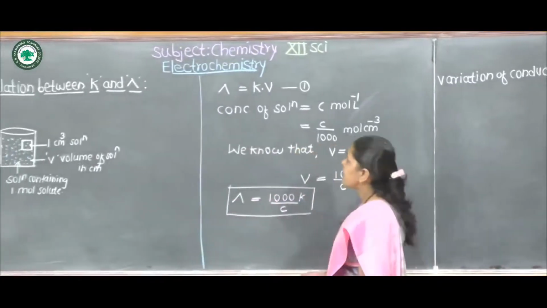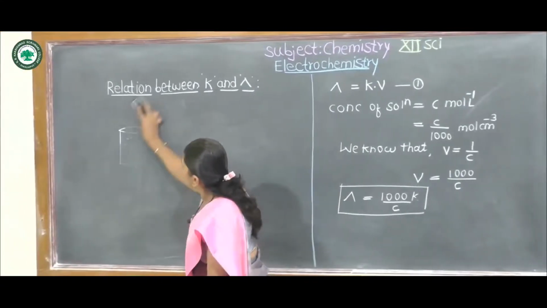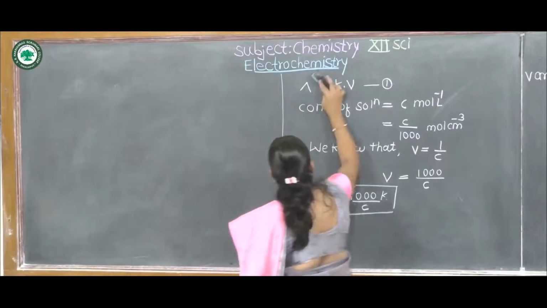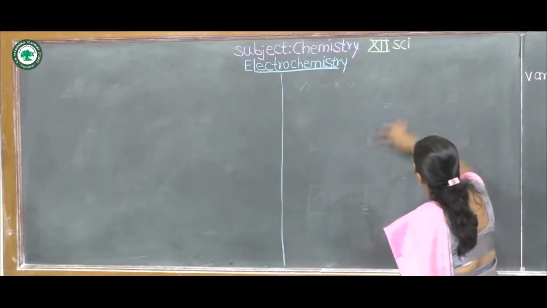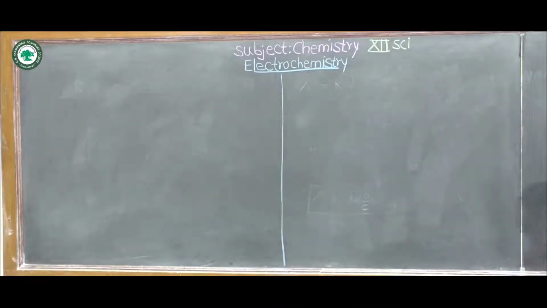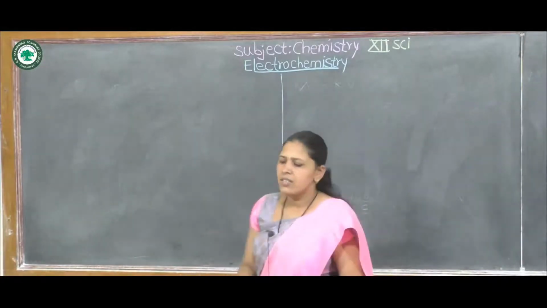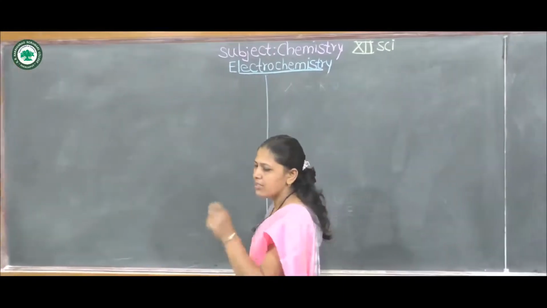Then next is Kohlrausch's law of independent migration of ions.